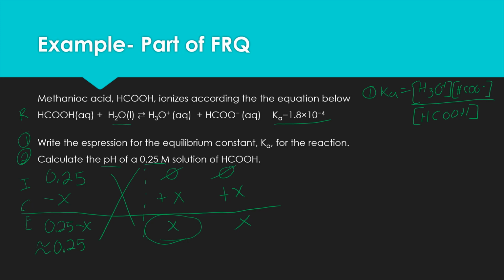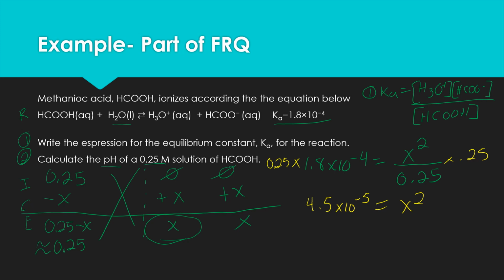So plugging into our Ka expression, we've got 1.8 times 10 to the negative 4 equals our products, which are both X. So X times X is X squared, divided by 0.25. So we're going to multiply by that 0.25 on each side so that we can isolate X. So 1.8 times 10 to the negative 4 times 0.25, I get 4.5 times 10 to the negative 5.